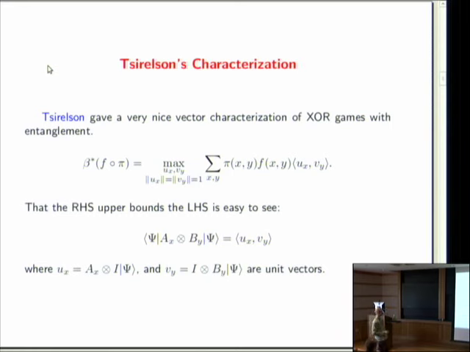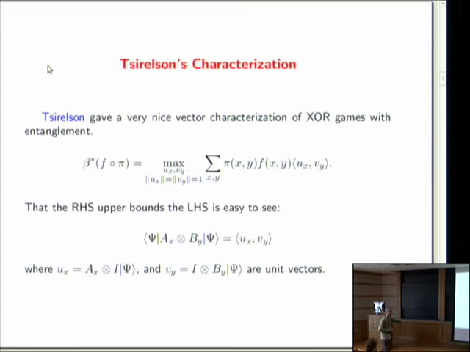What he showed is that the maximum bias you can achieve is just the maximum over unit vectors ux and vy. For each input x, Alice chooses a unit vector ux, of the sum over x and y, probability that they get x and y, f of x, y, times the inner product of these unit vectors. Okay?